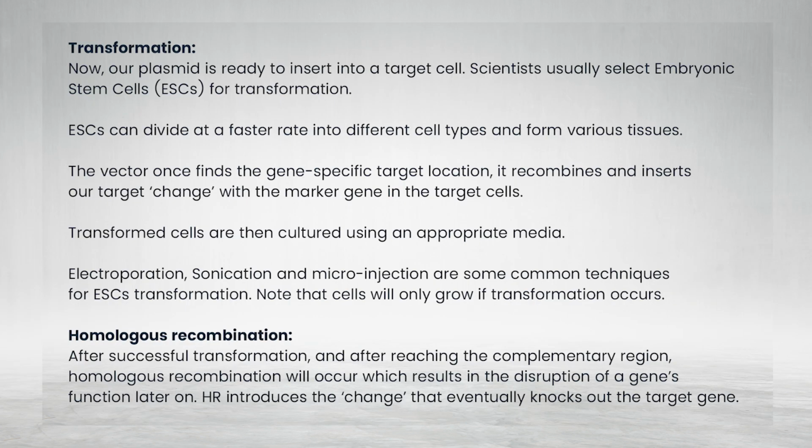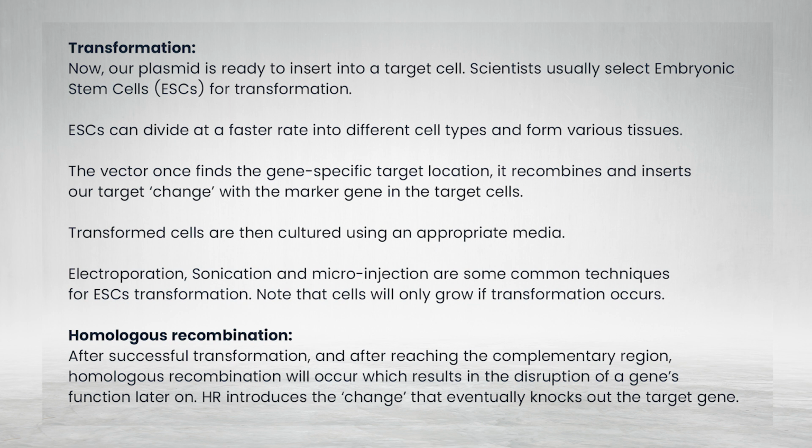Now, let us look at the transformation method. As our plasmid is ready to be inserted into a target cell, generally scientists have been using selective embryonic stem cells for transformation. Basically, embryonic stem cells are more commonly used because they can divide at a much faster rate into different cell types and form various tissues.